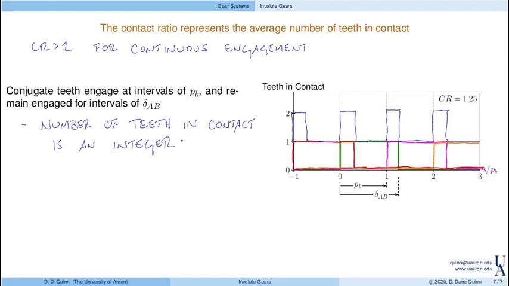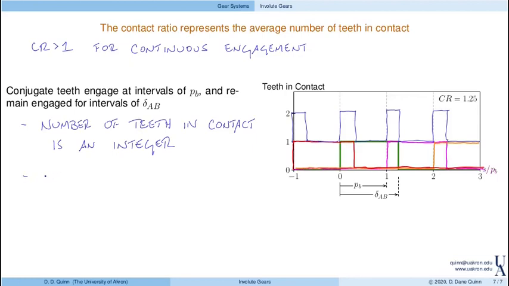So if you see a contact ratio of 2.3, that means that you always have 2 teeth in contact, and occasionally you have 3 teeth, right? And then it comes back and drops down to 2 again. Kind of like in this example, we had a contact ratio of 1.25, so it kind of bounces around between 1 and 2.